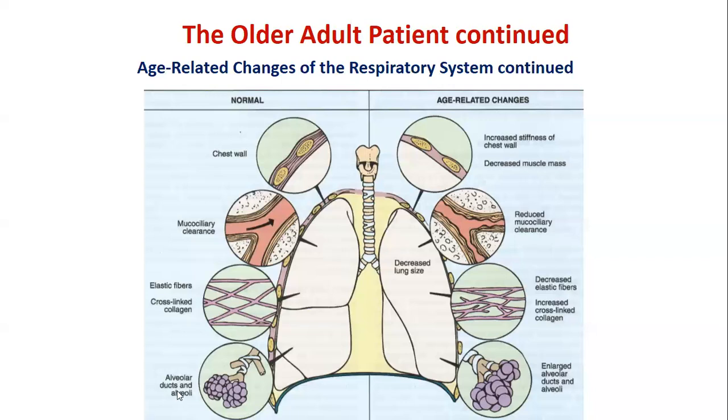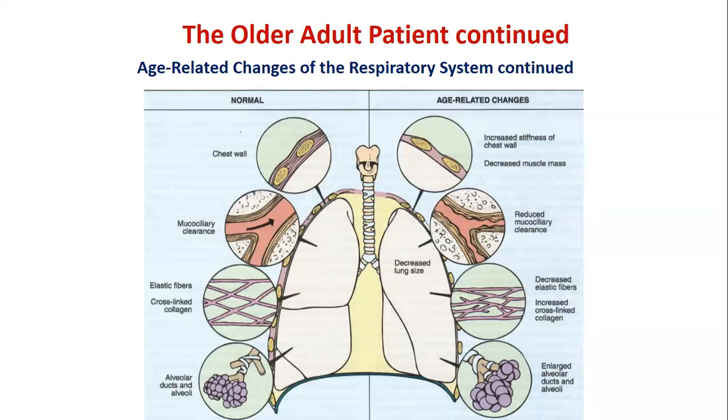And here, alveolar ducts and alveoli. This small one we call alveoli, the structural unit of the lungs where gas exchange occurs. But here you can see enlarged alveolar ducts and alveoli. So it is permanently enlarged, right?